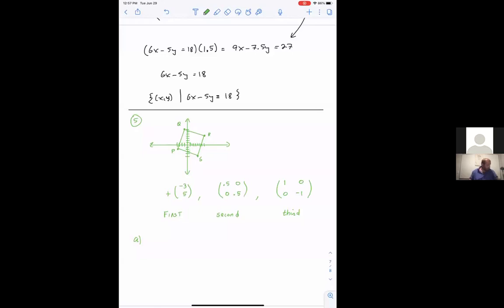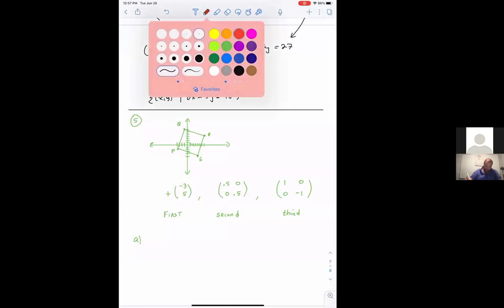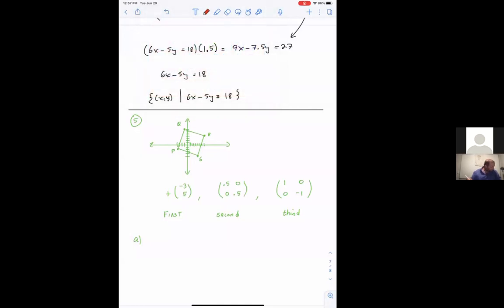Okay, so we'll start with P. P is (-4, -2), so here's (-4, -2). Then we translate it by (-3, 5), giving us this.